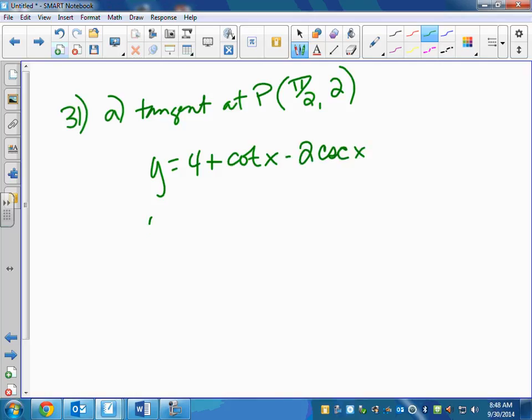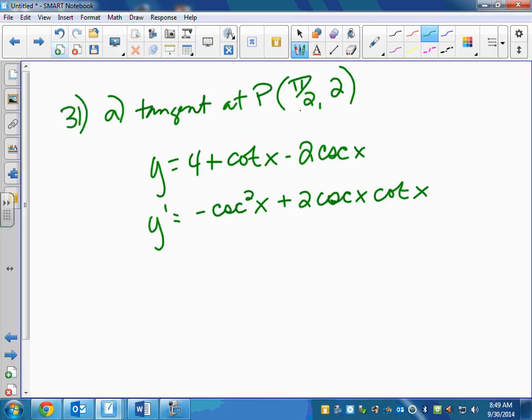And so if I'm going to find the derivative of this, the derivative of 4 is just 0. The derivative of cotangent is negative cosecant squared x. And the derivative of cosecant is negative cosecant cotangent. So I'm going to go ahead and change that to a positive 2, because those negatives would cancel out. And maybe one of the tricky parts of this is you have to find the slope at pi halves.